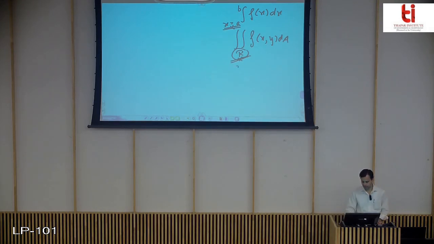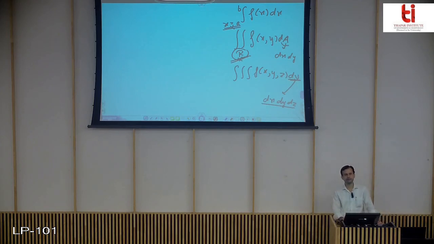Now when you switch to three variables, the triple integral, this is dV, volume. dV is simply dx dy dz. Just as dA represents dx dy, area, length into breadth, here it is length, breadth, height.